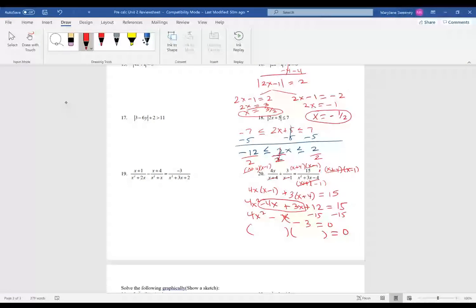Now in this case, normally with 4x squared, I'd maybe do 2 and 2. I'm going to do 4x and 1x though, because that's what's going to work with the 3 and the 1, so that my outers and inners can give me a negative 1. They can give me the middle here. So negative 4 plus 3. Notice my lasts give me negative 3, which is what I want the last to give me.